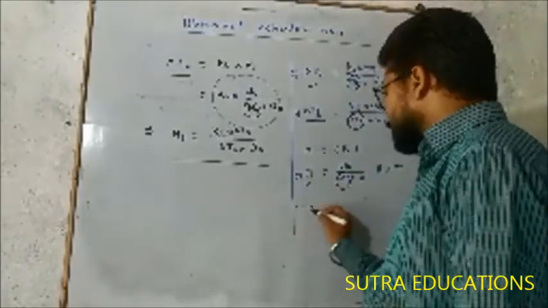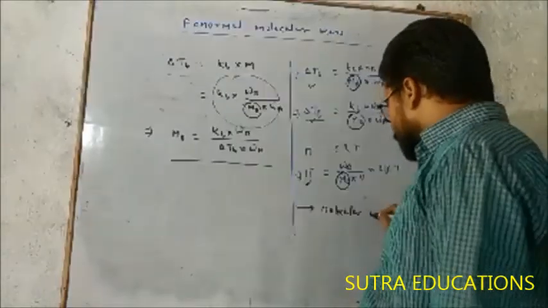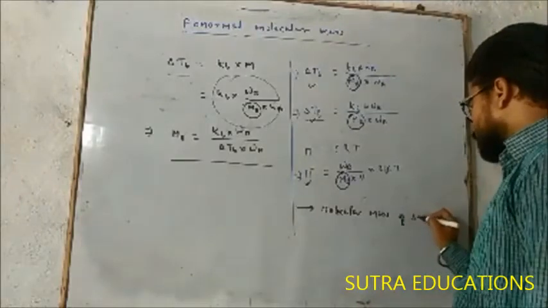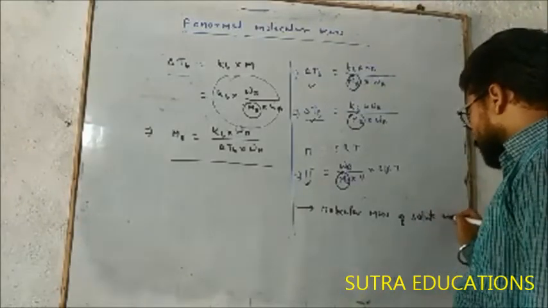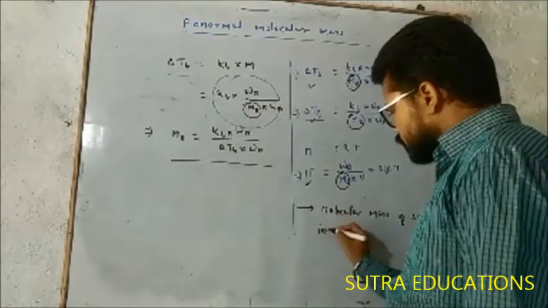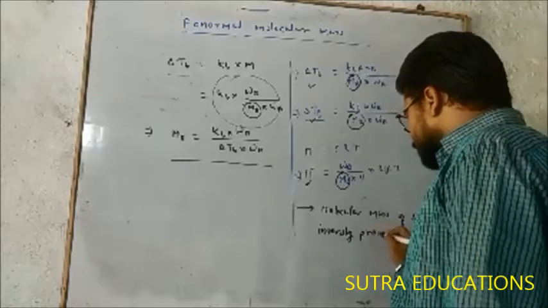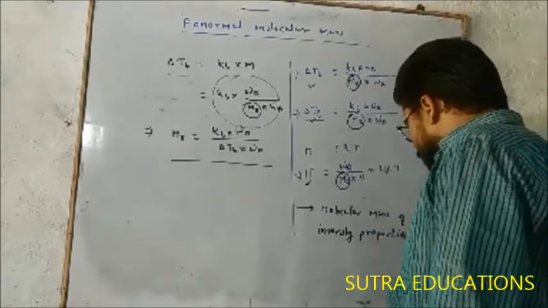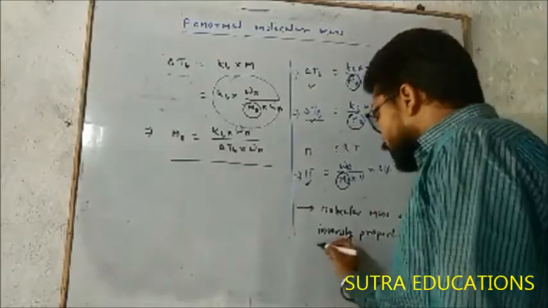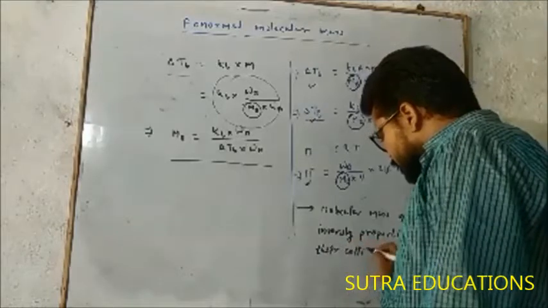So we can say the molecular mass of solute is inversely proportional to the colligative properties.